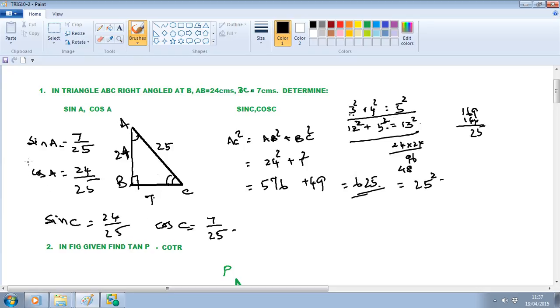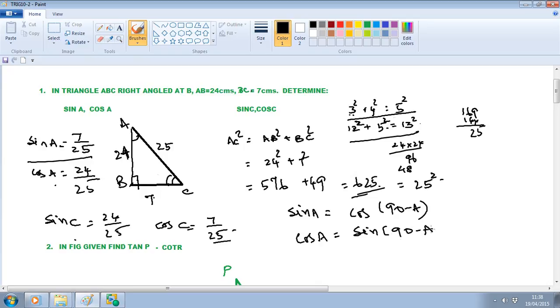So you can compare sin A versus cos C, and cos A versus sin C. They are equal. This is how we say sin of an angle is equal to cos of 90 minus A, and cos A is equal to sin of 90 minus A. This is how we remember.